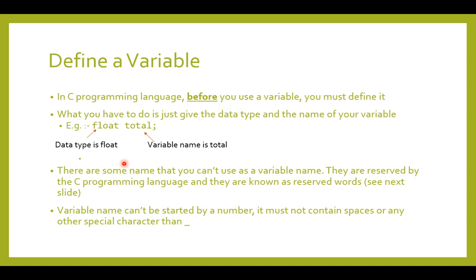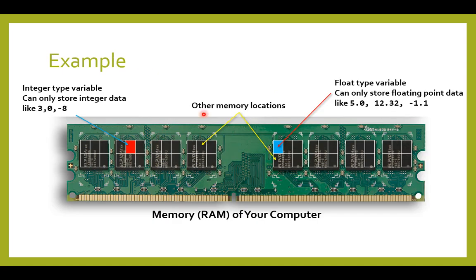So how to declare a variable? Very simple. You give the data type and the name of the variable. This is a float type variable. The name of this variable is total. Let's say this particular cell is named total.